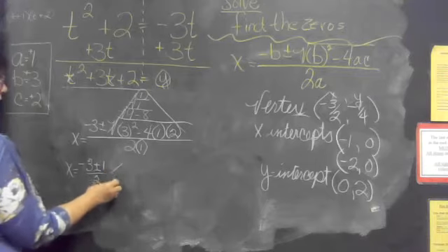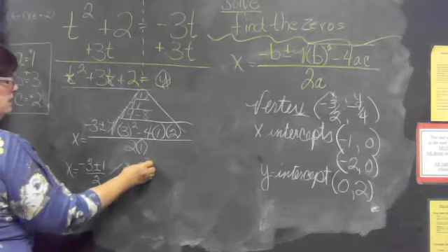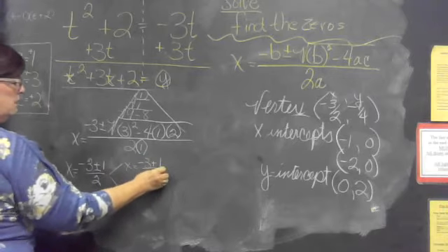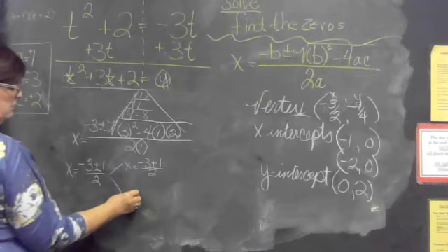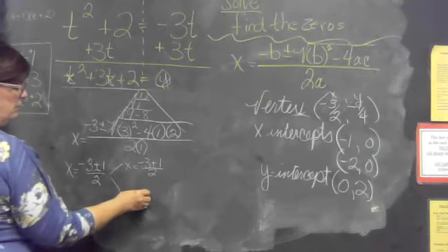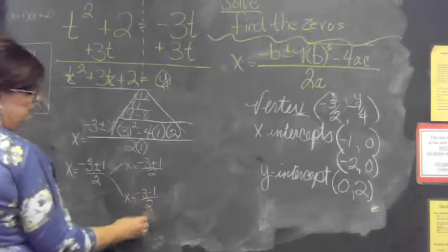So then we split it up and we said x equals -3 plus 1 over 2, and x equals -3 minus 1, there it is, over 2.